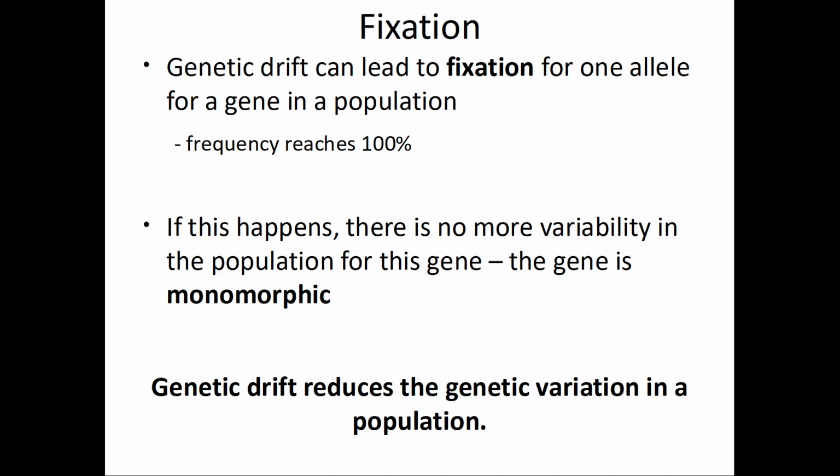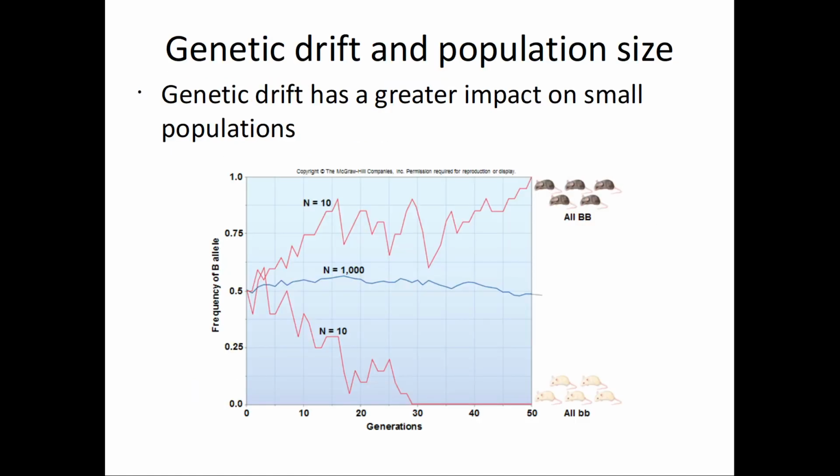And so now we've got a change in our genetic makeup of the population. So if this happens, there's no more genetic variability in the population, and the gene is monomorphic. Genetic drift reduces the genetic variation in the population. So like I said, genetic drift has a greater impact on small populations just because a single individual carries a greater amount of the genetic load, the total genes of that gene pool.